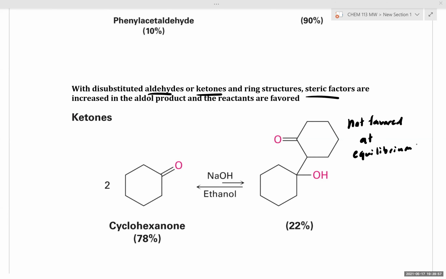The aldol reaction is reversible under acidic and basic conditions. And as a result, when you have hindered ketones or aldehydes, the aldol reaction, this initial addition step, favors the reactants in many cases. Does that discussion make sense?